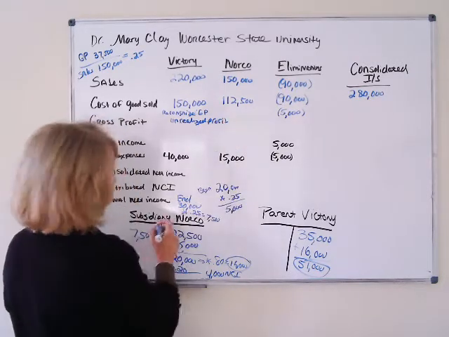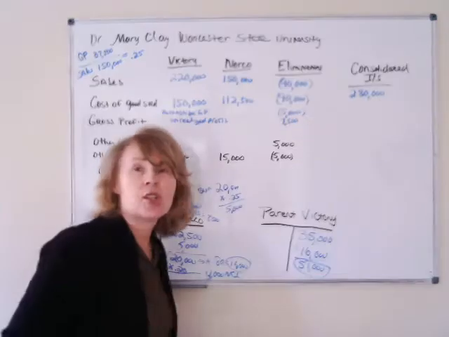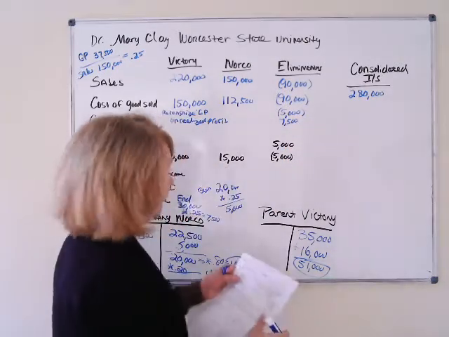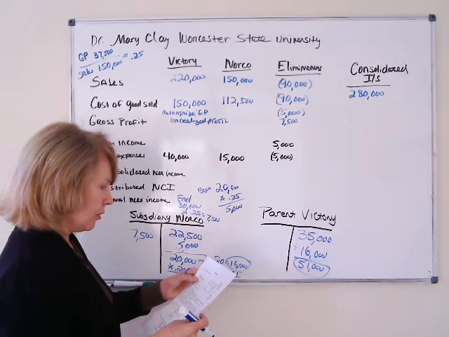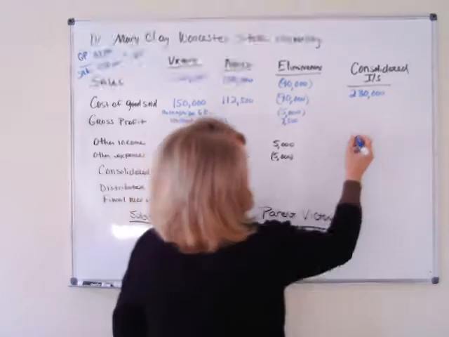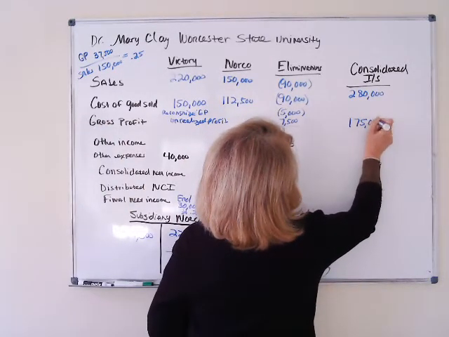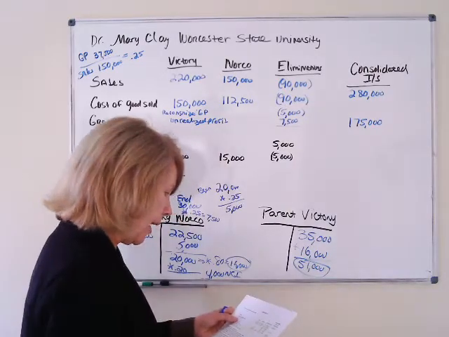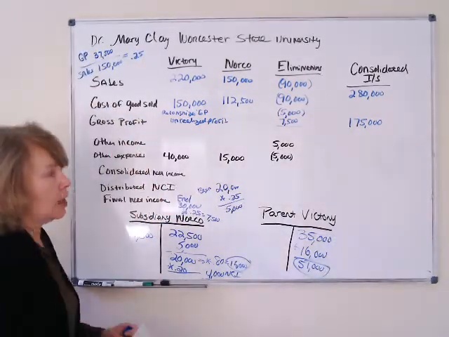We will add this. If we add to cost of goods sold, that's going to subtract from our net income. All right, and when we do all this, now we come to our cost of goods sold, which is 175,000.